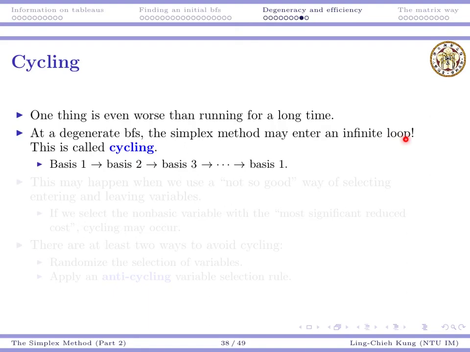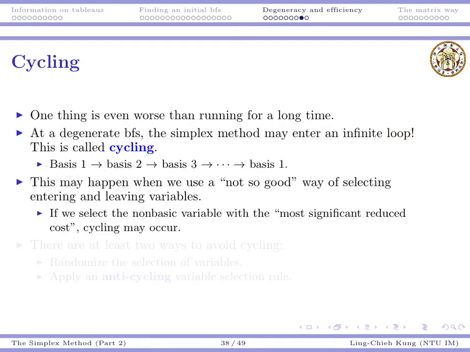And here I'm going to tell you why. The thing is that we need a good way of selecting entering and leaving variables. For example, suppose I select the entering variable with the most significant reduced cost. Then this rule is not so good because cycling may occur.